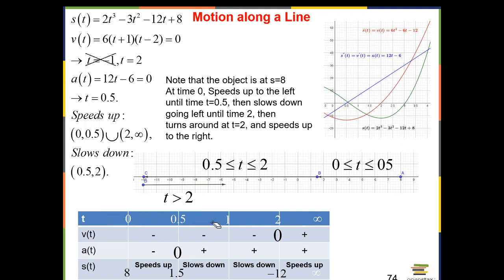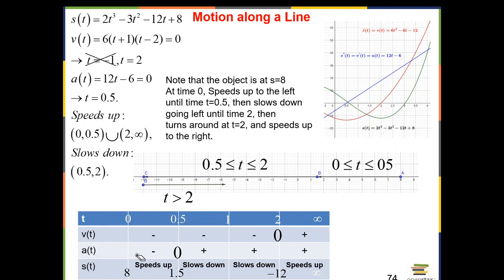So the first row is the values of t, go from 0 to infinity. And the important values for us here are 0.5 and 2, right? So we'll put them here. And then put vertical segments here. And then create 3 more rows.